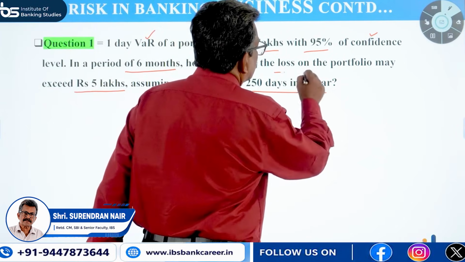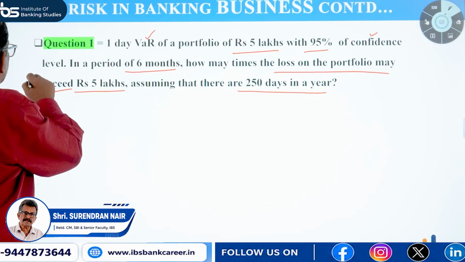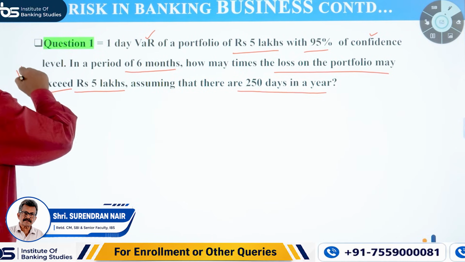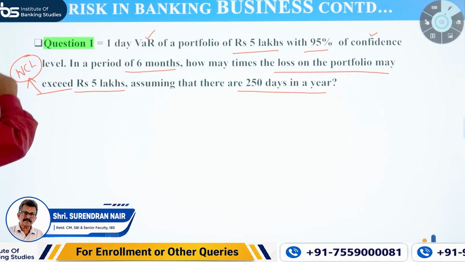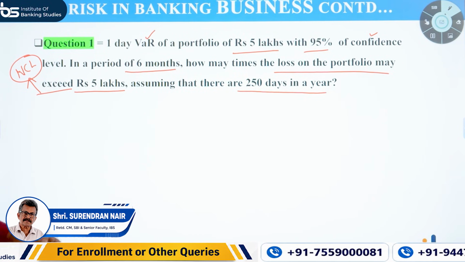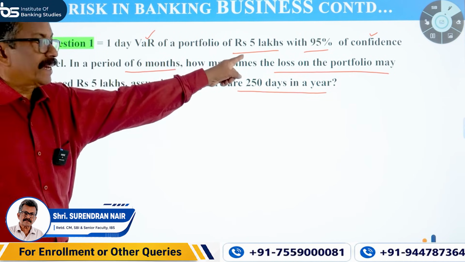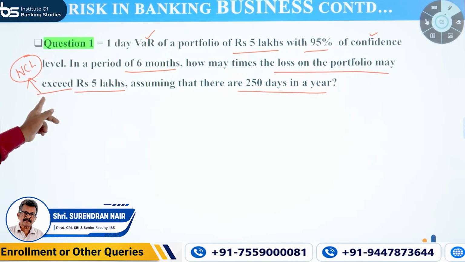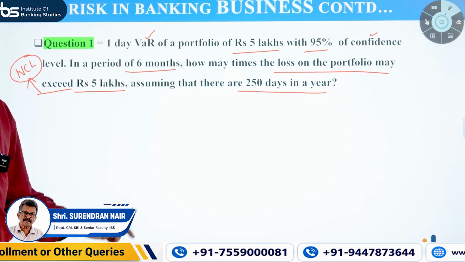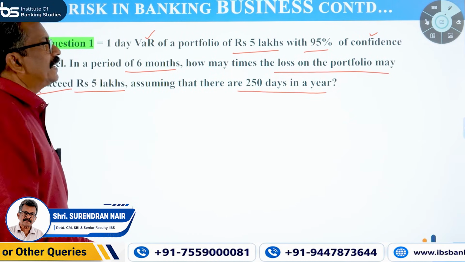The loss on the portfolio may exceed means it is talking about the non-confidence level, because there is a 95% chance that it will not exceed 5 lakhs. So, in 6 months, how many times may the loss exceed 5 lakhs? Non-confidence. Assuming that there are 250 days in a year.